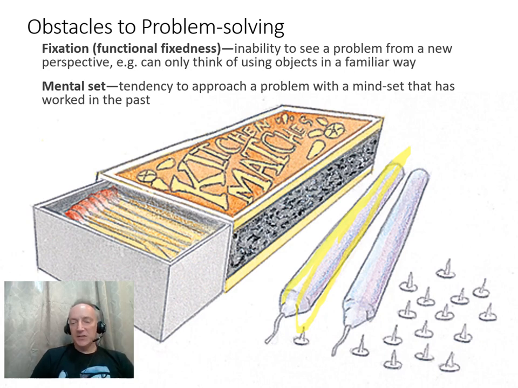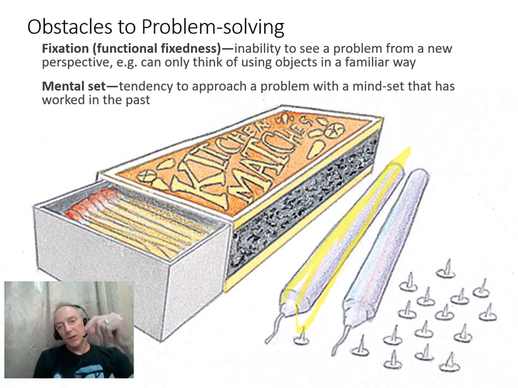So the accurate solution, the best solution to this problem, is to empty the matches out of the box, to use the thumbtacks to tack the box to the wall so it is sticking away from the wall.